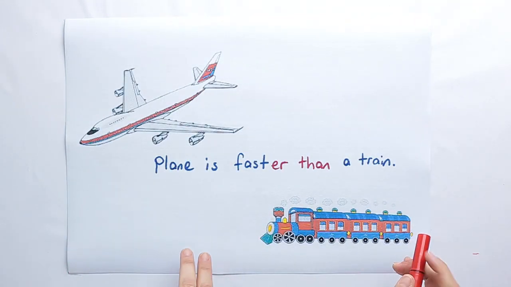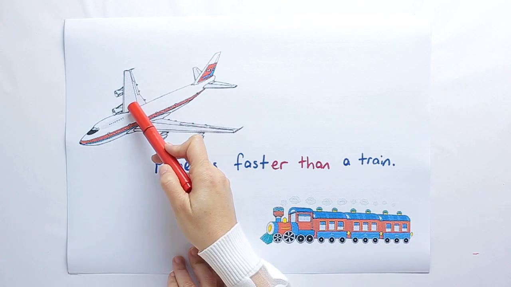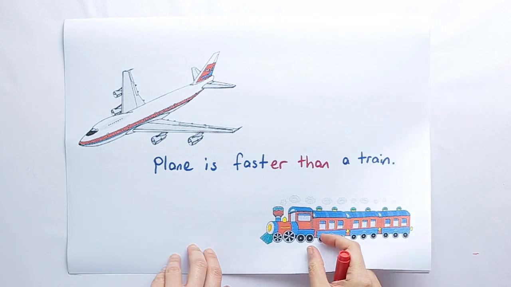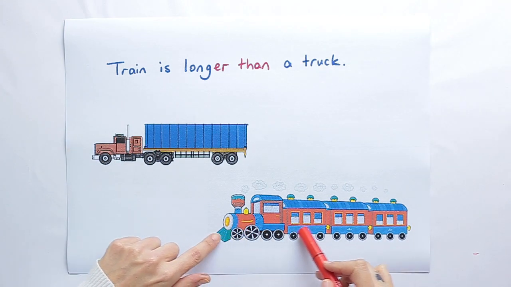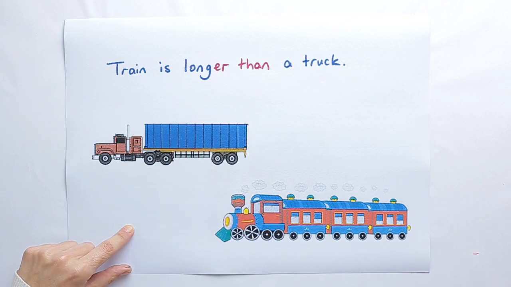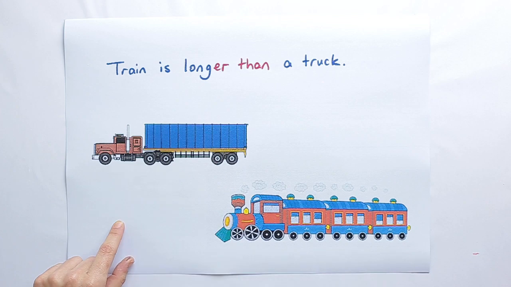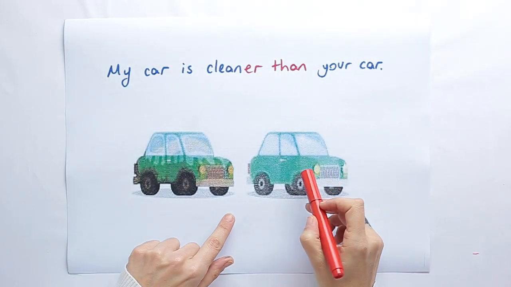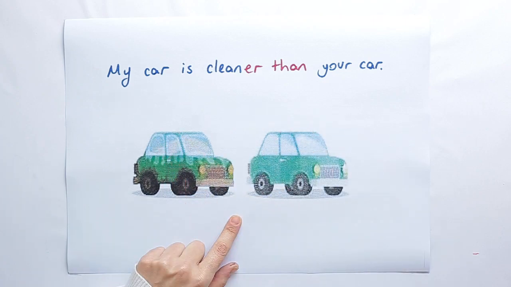Let's look at some exercises. A plane is faster than a train. A train is longer than a truck. My car is cleaner than your car.